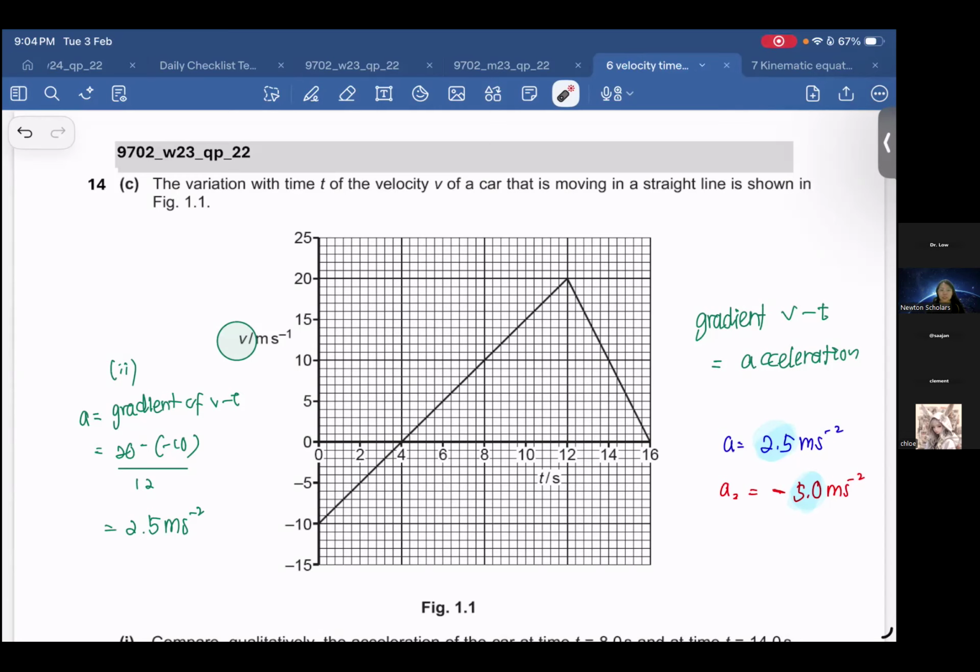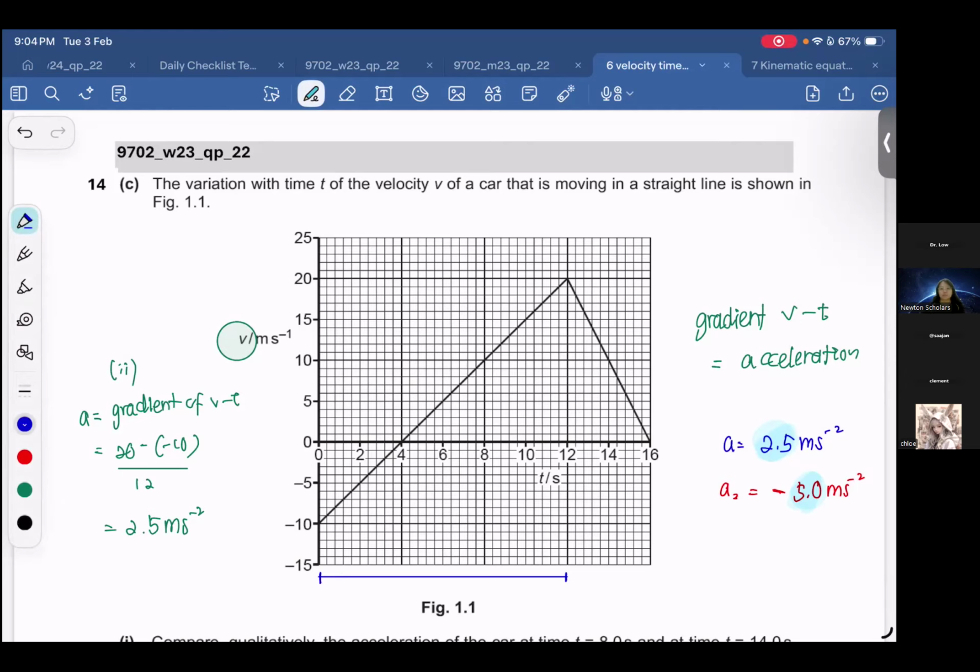How do you find displacement? Jiaxuan, yes. Jiaxuan got the answer. How about others? From here until 12 seconds, what is the displacement? Do you still remember at the start I purposely mentioned how to find distance and displacement.